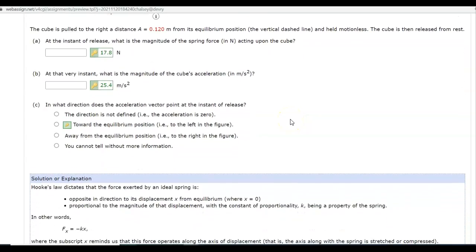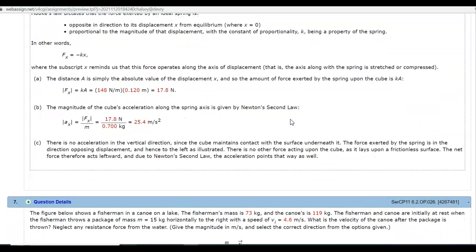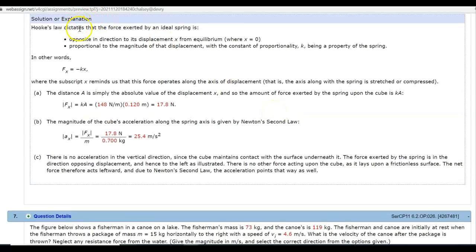Okay, so we look at Hooke's law. And Hooke's law dictates that the force exerted on the spring is opposite in the direction to its displacement from the equilibrium, or where it was at rest, proportional to the magnitude of that displacement with the constant of proportionality K. So that's the spring constant being a property of the spring. So they have the force in the x direction is equal to minus the spring constant times the displacement, or the distance that it moved.